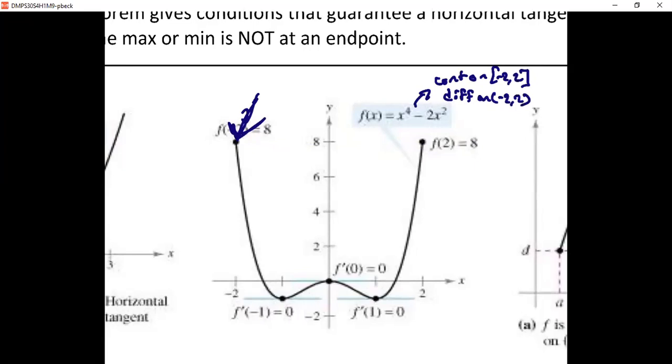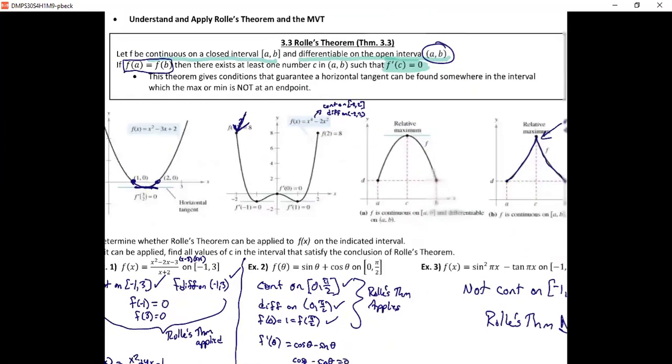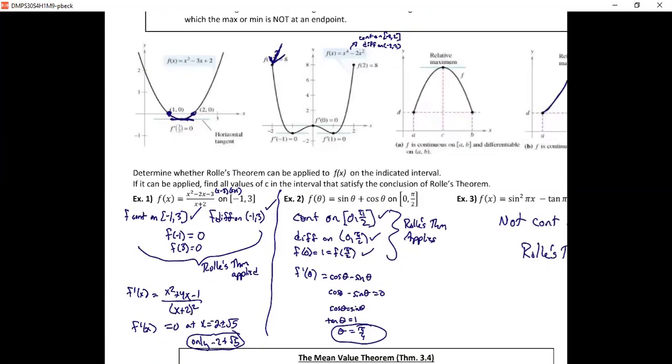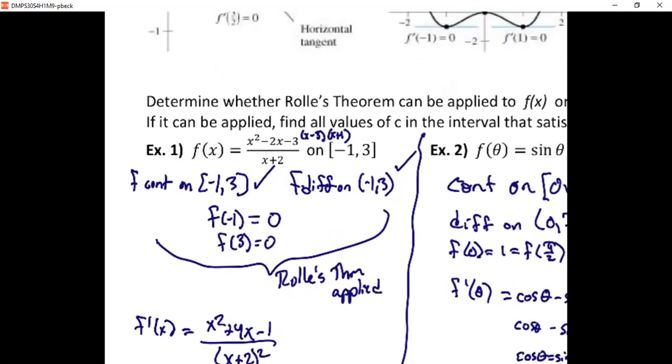So going along with that, how can we guarantee that Rolle's theorem is going to apply? To be guaranteed that Rolle's theorem applies, what we need to do is check. In this situation, do we have continuity on the closed interval? Well, what kind of function is it? This is a rational function.